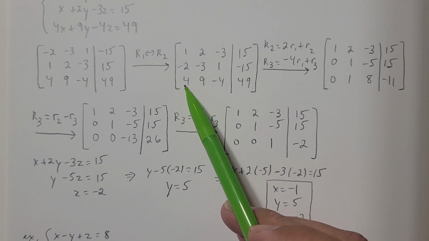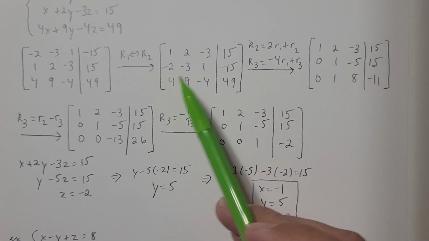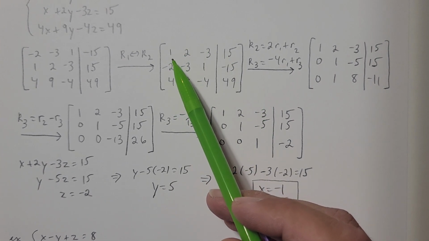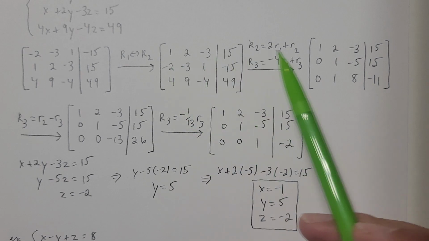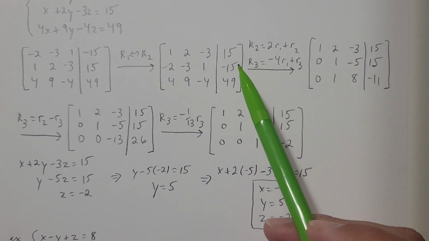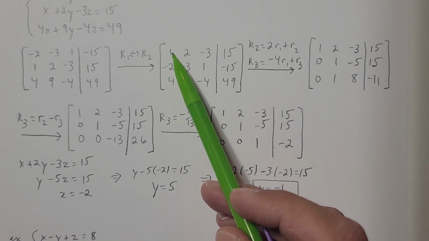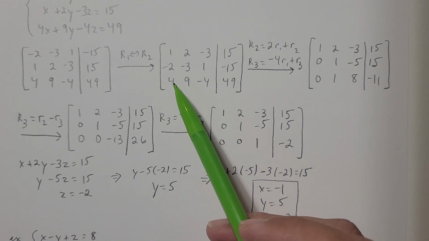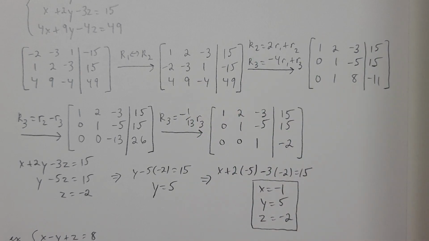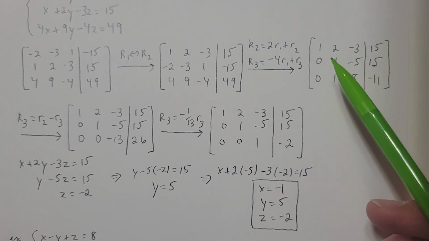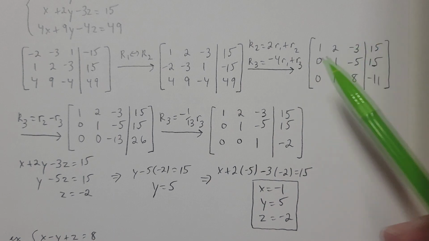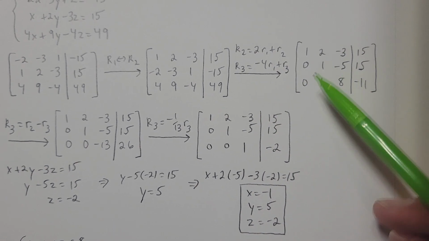To get the new row 2, let's take 2 times row 1 plus row 2, and to get the new row 3, we'll take negative 4 times row 1 plus row 3.